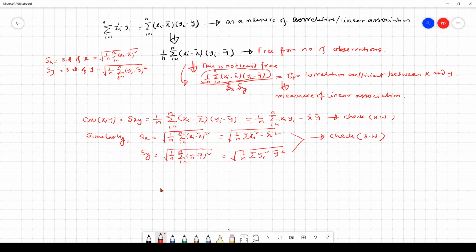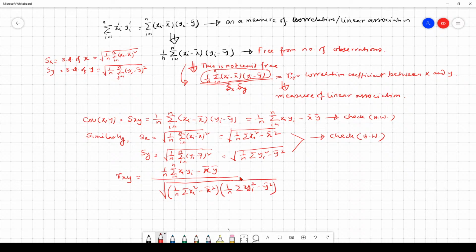So after this simplification, we can write Rxy, which is equal to 1 by n sum over i from 1 to small n of xi yi minus x bar y bar, divided by the root over 1 by n sum over xi square minus x bar square, into 1 by n sum over yi square minus y bar square.